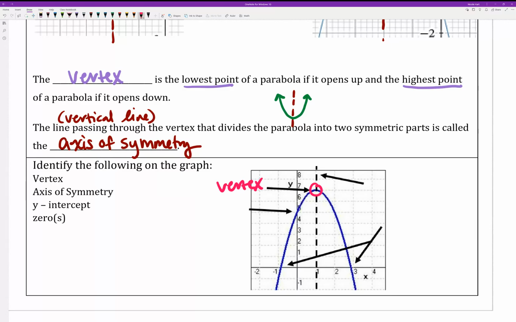It also would be your maximum or minimum, depending on what the graph looks like. Our axis of symmetry is again going to be that vertical dashed line. Our y-intercept is where we cross the y-axis, and that is going to be right here.